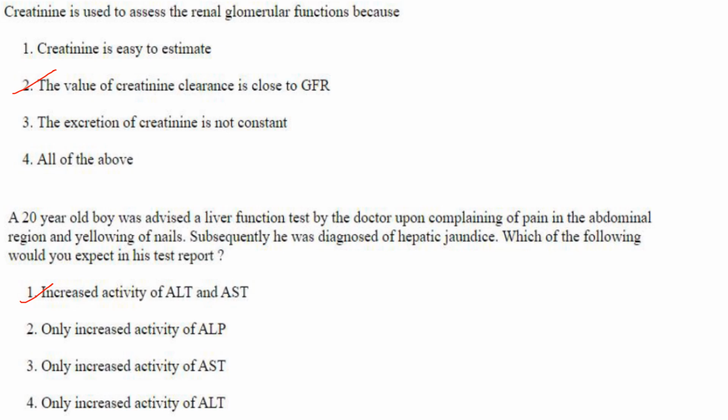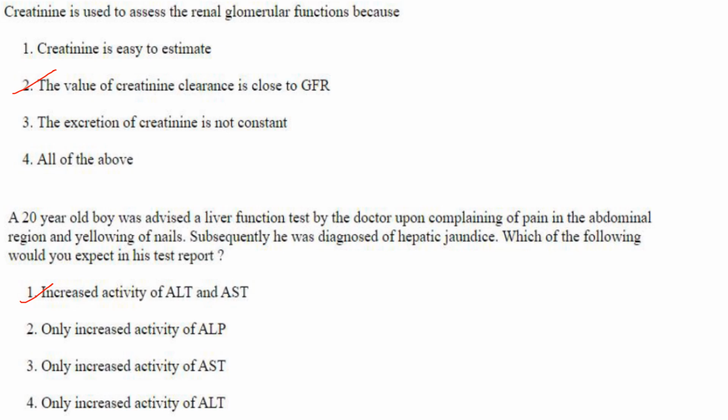A 20-year-old boy was advised a liver function test by the doctor upon complaining of pain in the abdominal region and yellowing of nails. So the boy was advised a liver function test because he complained of pain in the abdominal region and yellowing of the nails was observed.